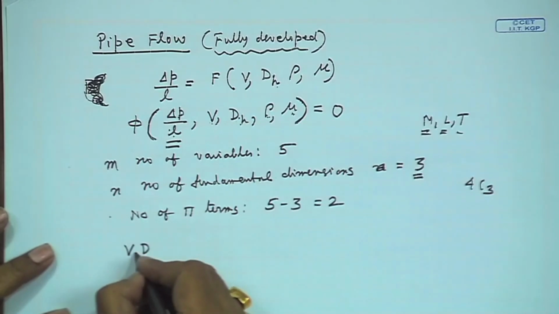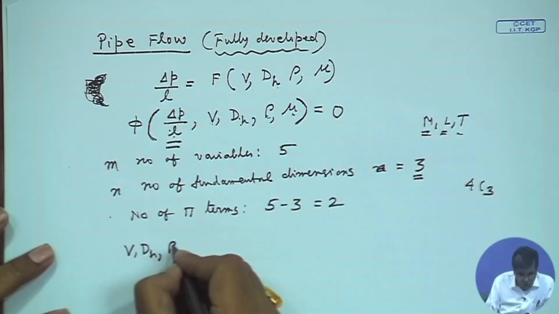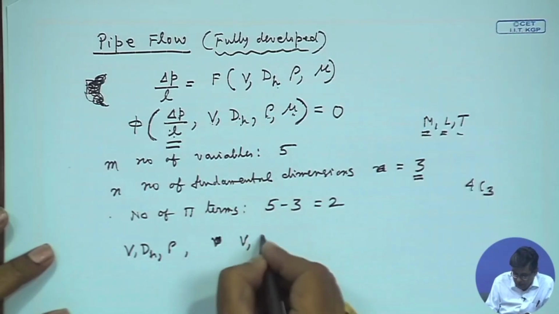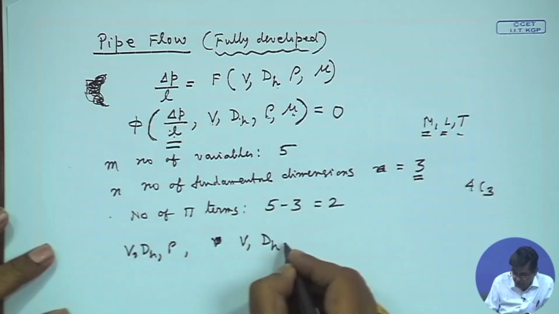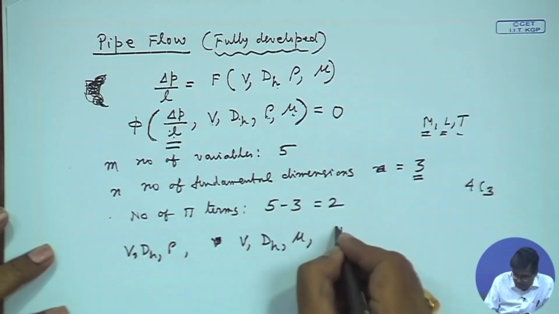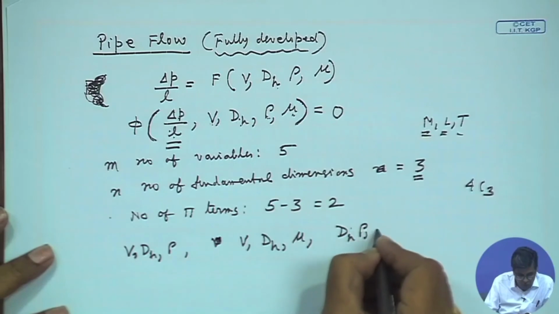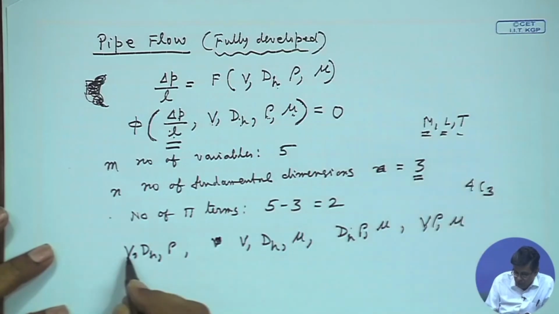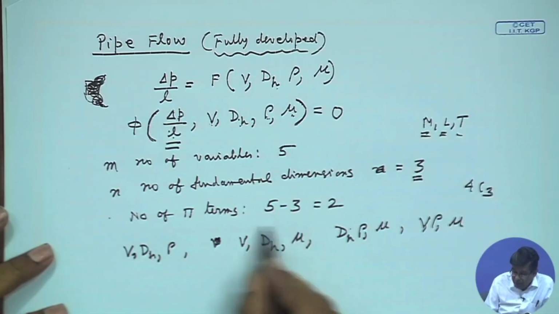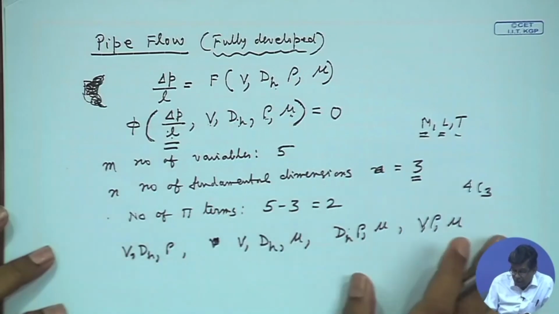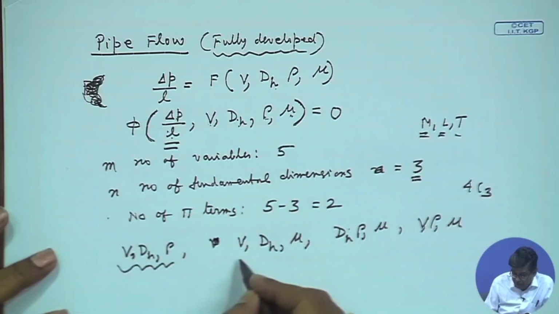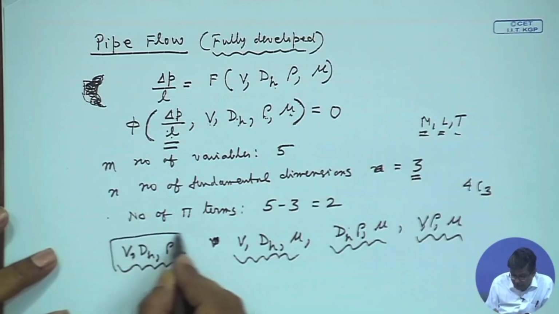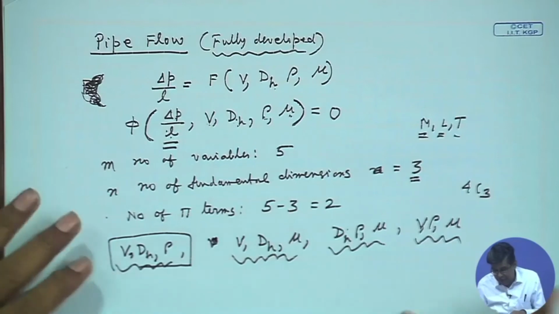One set is V, DH, rho; another set is V, DH, mu; another set is DH, rho, mu; another set is V, rho, mu. Incidentally, all these sets include all the fundamental dimensions. Let us take V, DH and rho as the repeating variables.